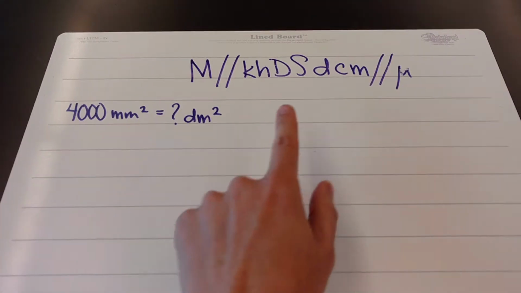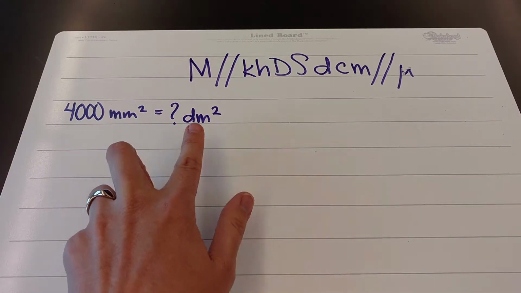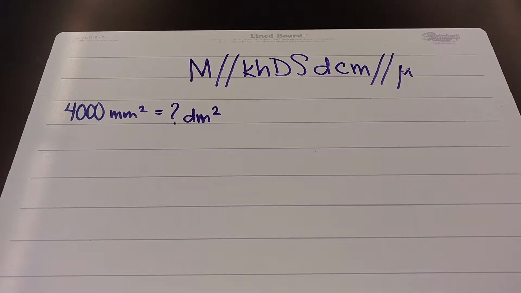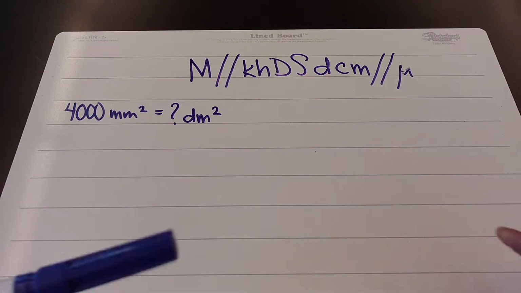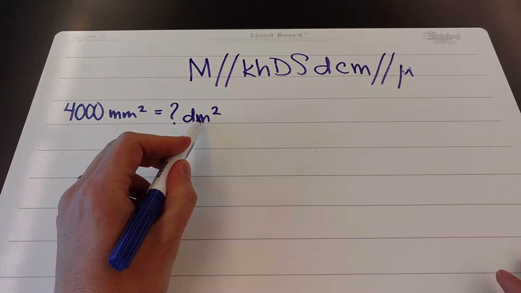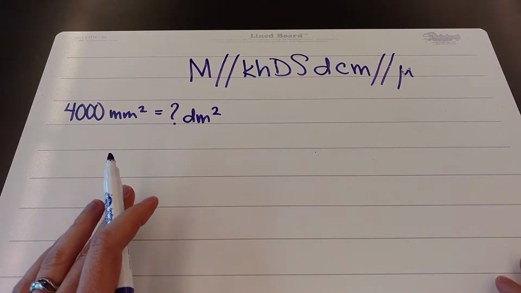Okay, so I still have my metric prefix line. I'm relating two metric units. They have the same standard, millimeter, decimeter. So I'm going to be using this line to relate those units. Okay, so my first step is to figure out what is the relationship between a millimeter and a decimeter. I'm going to ignore the fact that it's squared for right now and just come up with that relationship.